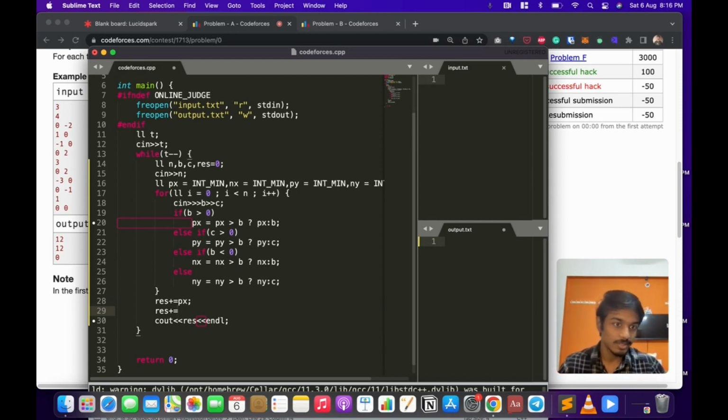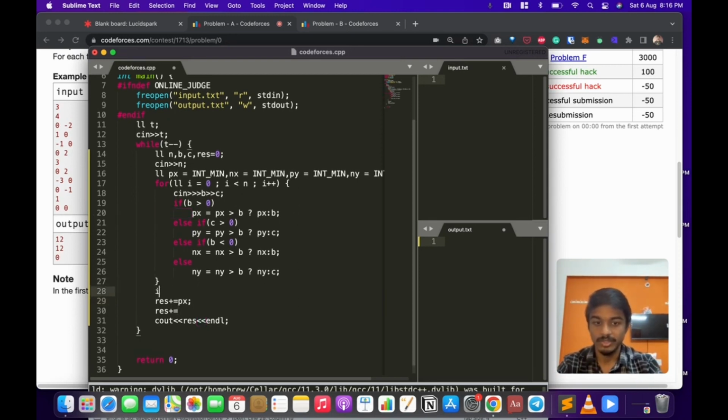Okay, so each of the things I need to check whether it's int min or not, right? So if px is not equal to int min, you do result plus equal to px. Exactly like if positive y is not equal to int min, if negative x is not equal to int min, if negative y is not equal to int min, then result plus equal to.